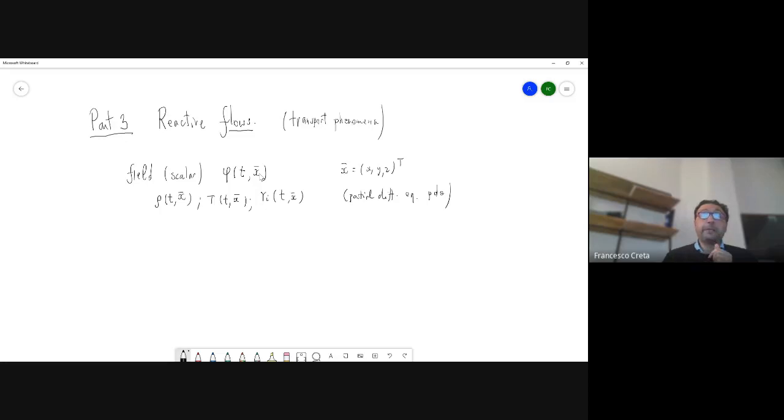Now, these scalar fields will be embedded, and they all coexist, by the way. They're like continuums, or continua, that coexist. So you have a density field, a temperature field, a concentration field, which coexist within a vector field, which we call the velocity field.